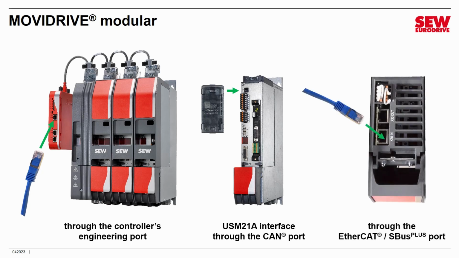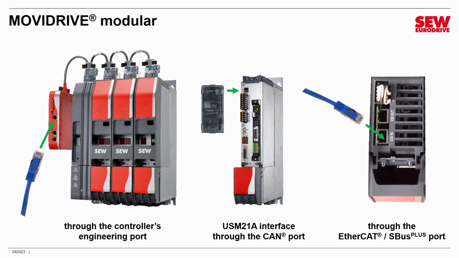And then your third choice is through the EtherCAT S-Bus Plus port, but again, you'll have to disconnect it from the controller. Otherwise, you'll have 2 masters fighting each other. So this is only good if you're willing to break the chain and go in and talk to just one module. So your first choice is usually your best. Go through the controller if at all feasible.